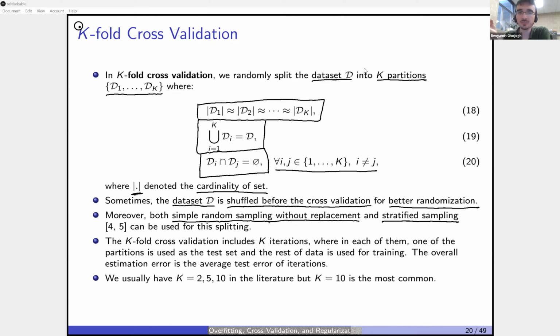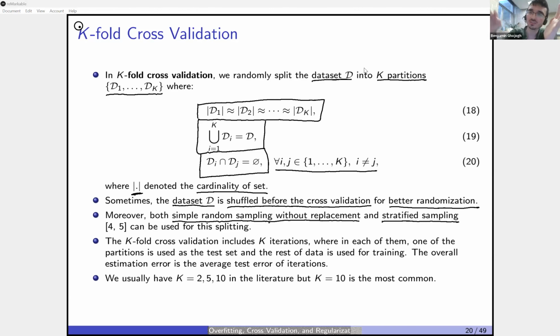What is stratified sampling? It just says that when you have some data, let's make several clusters of data. These clusters are called strata. So there are some strata of the data, and from each stratum, or each cluster, you do simple random sampling.